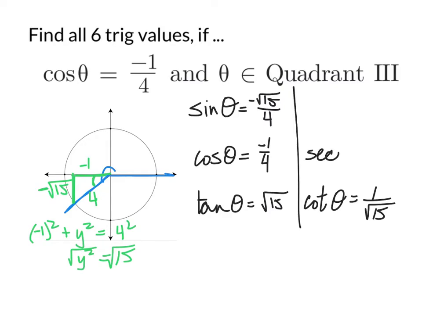Secant is the reciprocal of cosine, so that'd be -4, and cosecant is the reciprocal of sine, -4 over square root 15. And it would be okay if you left our fractions like that, or if you wanted to rationalize the denominator, you could do that as well.